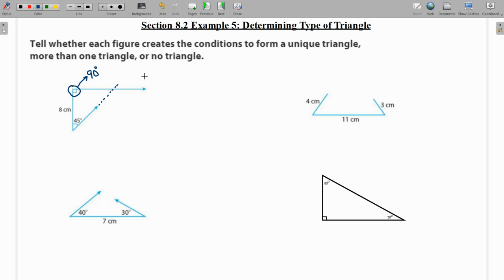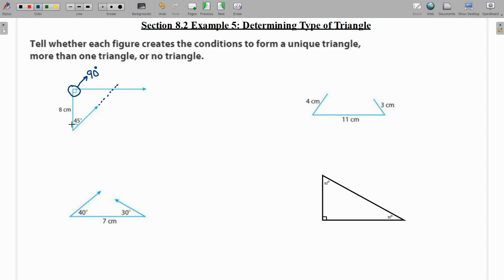So we're supposed to be telling whether this figure could either be a unique triangle, more than one triangle, or no triangle. Now, since you could extend this line out and it would cross and indeed form a triangle, we know it's not going to be no triangle. So our other options are a unique triangle or more than one triangle. We have this fixed side length of 8 centimeters, and that cannot be changed.